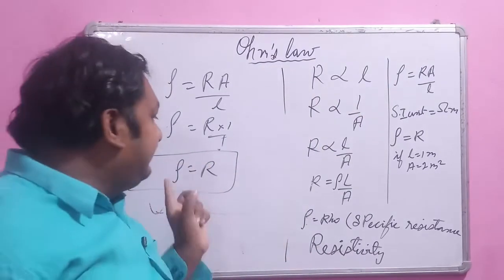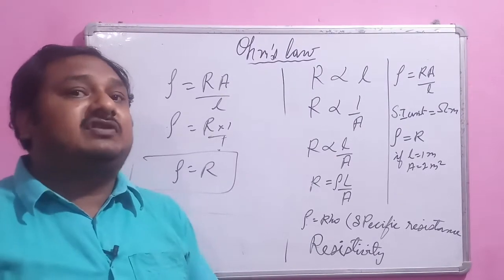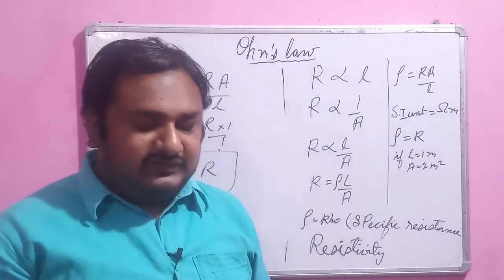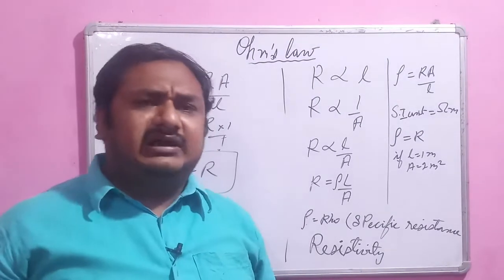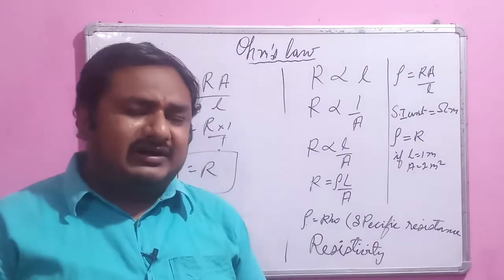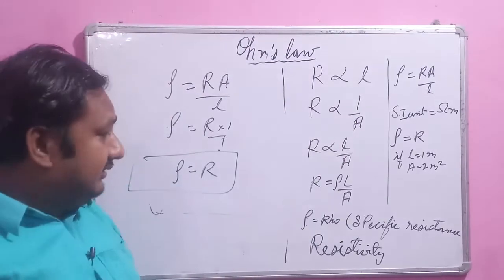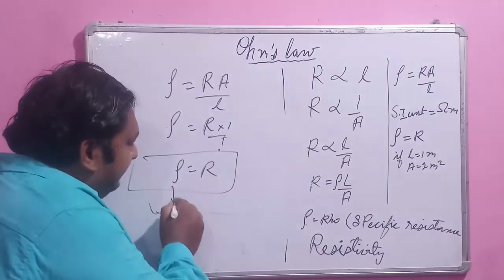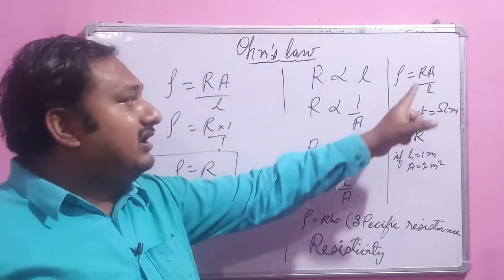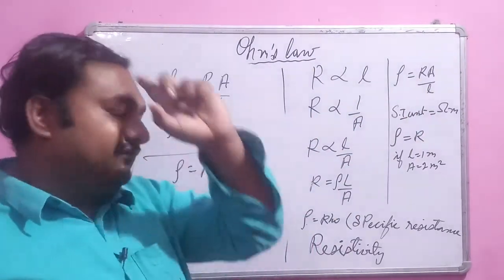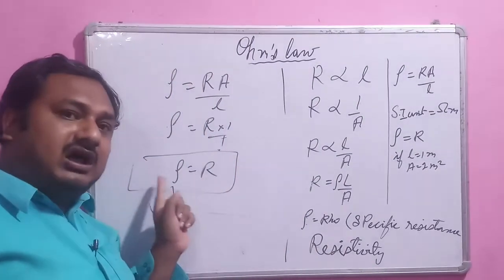What is the difference between resistance and resistivity? Listen students, when we define resistance, we do not consider length and area, because a wire can be of infinite length, although resistance depends on length and area, that's another thing. But here the definition of resistivity comes from the specific dimension, because we are fixing the length as 1 meter and the area as 1 meter square. In that particular situation, the resistance of a conductor is the resistivity.